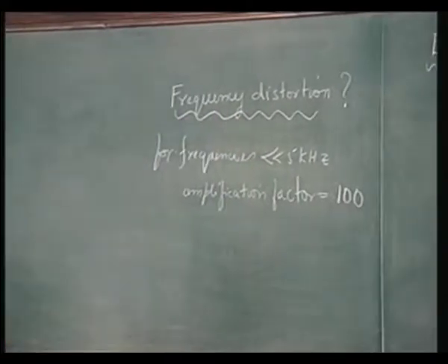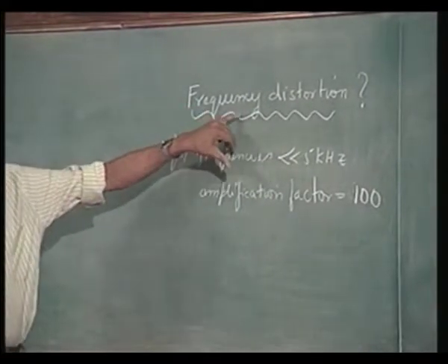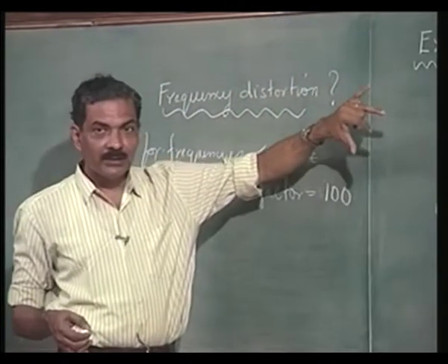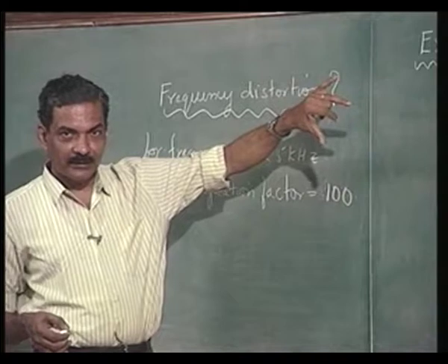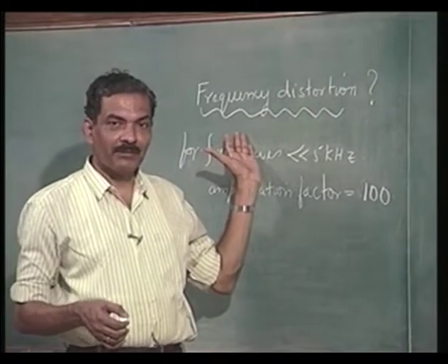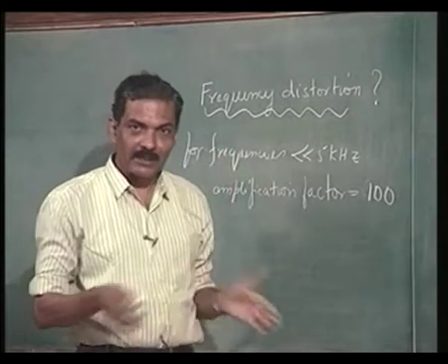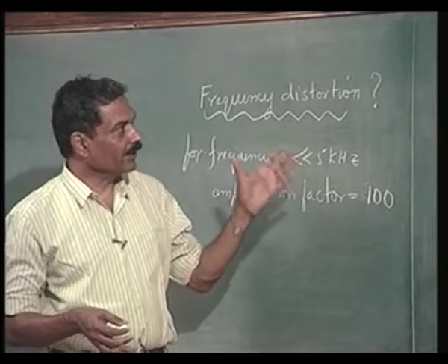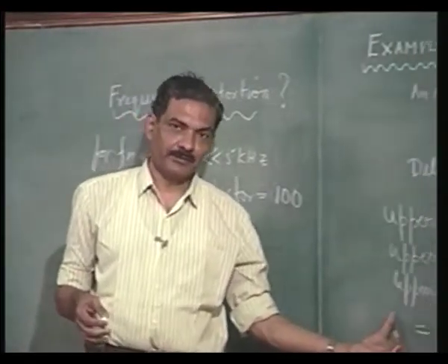So, this is the essence of frequency distortion. Because of the frequency dependence of amplifier gain, we have distortion if we use an amplifier for amplifying signals beyond its capability. So, we should always restrict an amplifier's use within its bandwidth.